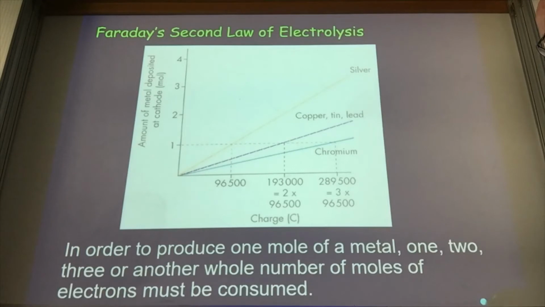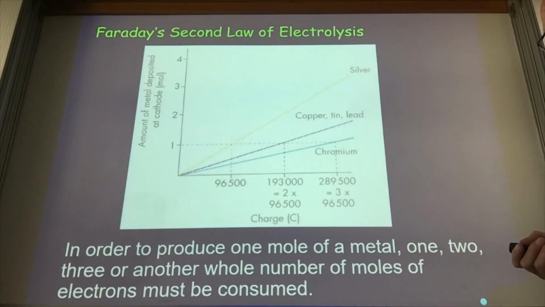His second law said that if you want to get 1 mole of a metal, it's going to take a whole number of moles of electrons to do that. And that number of moles depends on the metal. So if we want to plate 1 mole of silver, it's going to take exactly 1 mole of electrons, 96,500 coulombs of charge.